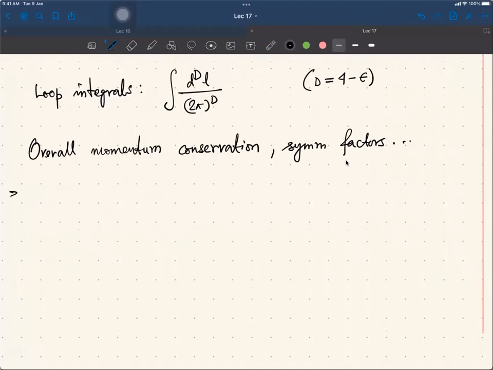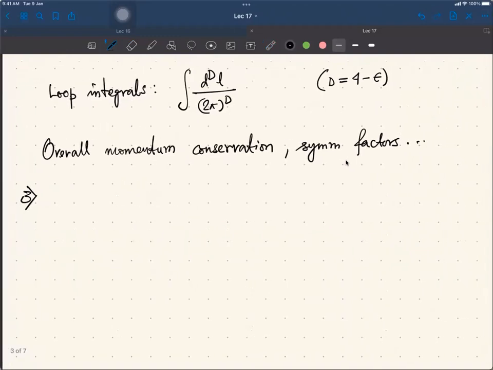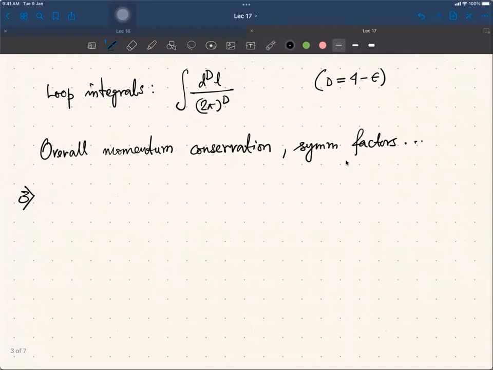Now, what we will see is that whichever way we calculate these loop integrals, which are being calculated at a d different from 4, the result will not be divergent. The region in which this integral is not divergent, we'll call the domain of convergence. Within the domain of convergence, these loop integrals are given in terms of gamma functions, where d will appear in the argument of those gamma functions.